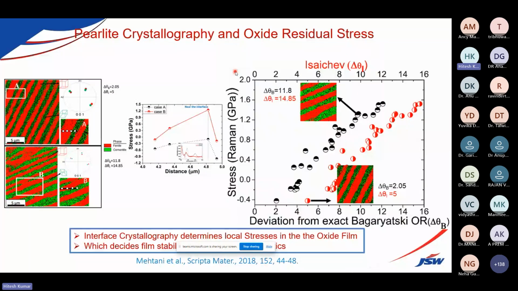We created it at laboratory scale by controlling the cooling rate. We slowed down the cooling, which gives enough time for the cementite to saturate and then the ferrite.